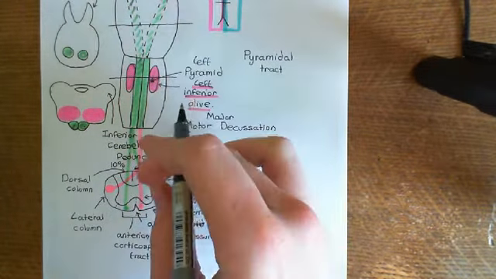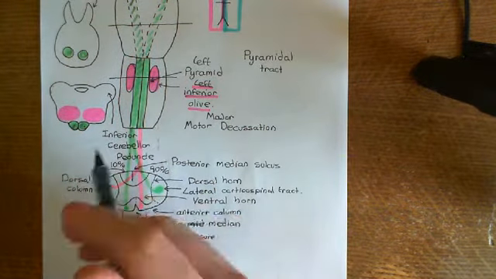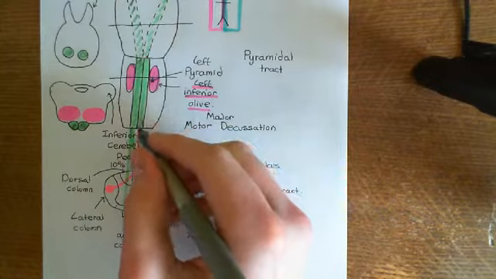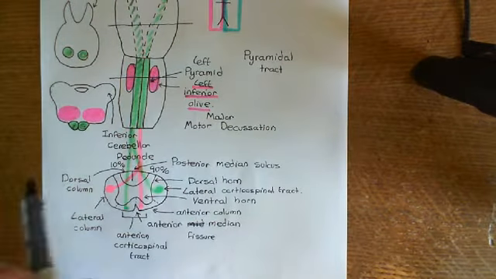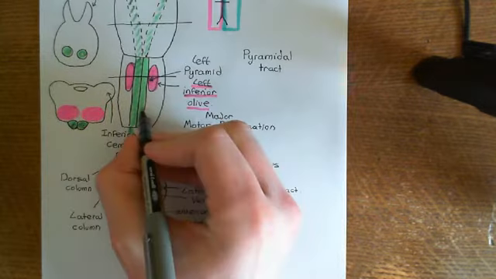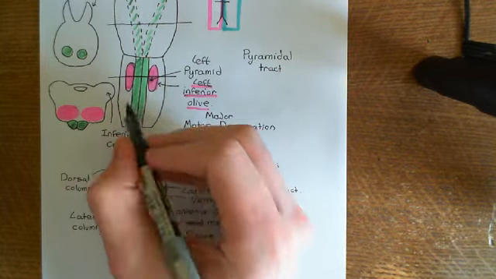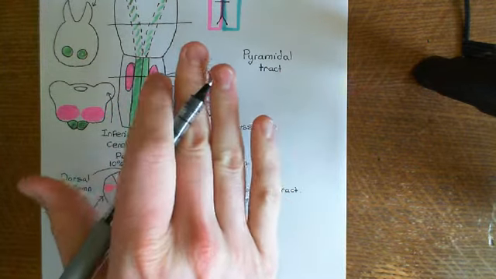In that portion above the major motor decussation, everything's very simple because each of the corticospinal tracts is on the same side as the cerebral cortex which gave rise to it. So for instance we have the left corticospinal tract here and the right corticospinal tract here. So things are nice and simple then.